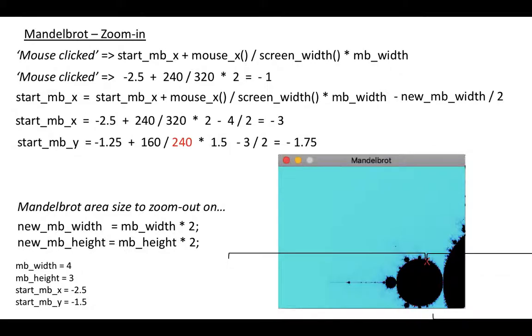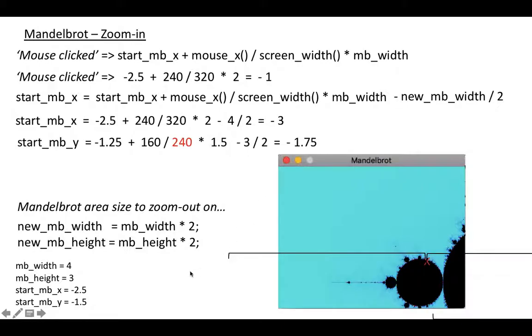And for the height, if we had the 160, so we're about 160 down, so 2/3 down. Yeah, that looks about right. And our new start point is -1.75, so we're actually going to be further out than the -1.5 we started with.